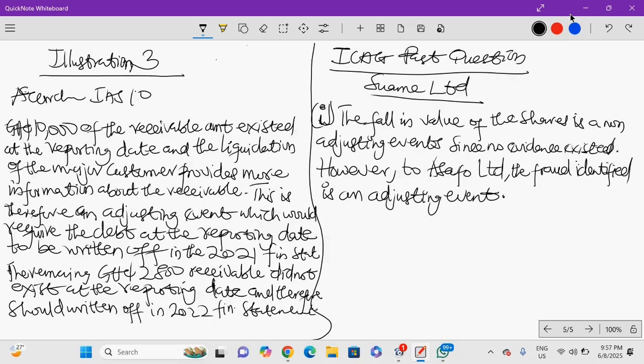The fall in the value of shares is a non-adjusting event since no evidence existed. However, to Asafo Limited, the fraud identified is an adjusting what event? It's an adjusting event. So let's read the last question, and then I know you are tired.